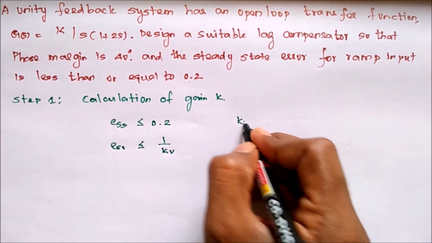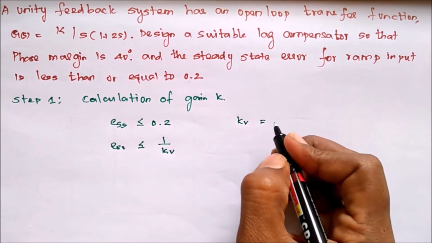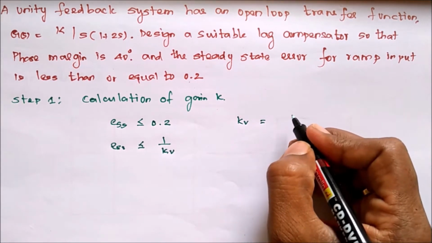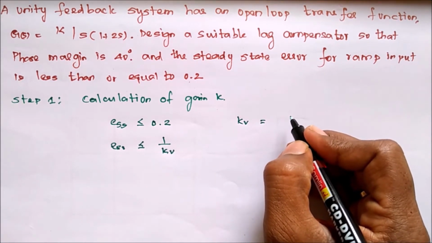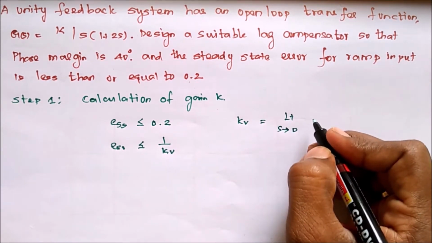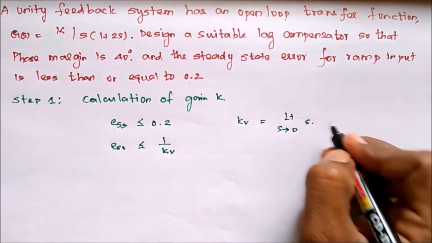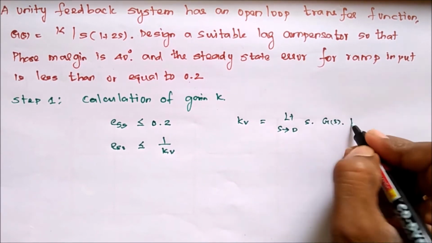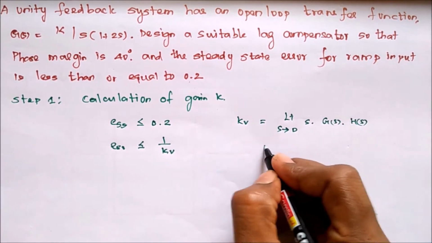Kv is the velocity error constant, equal to limit s tends to 0 of s G(s) H(s). So this is the formula.